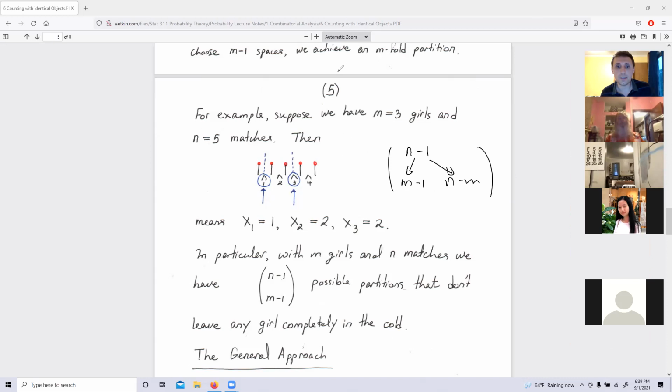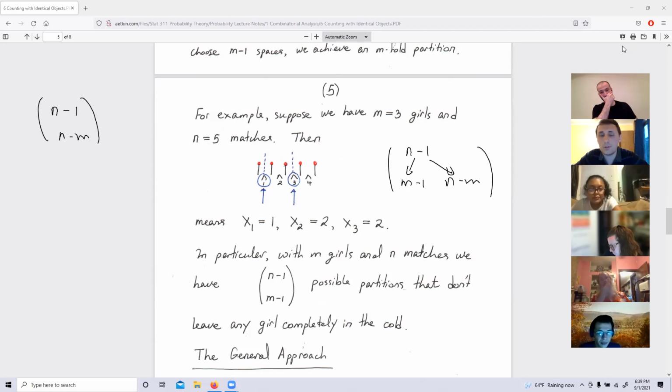So there are several. I went briskly through another explanation. The way I obtained my first answer, I said n minus 1 choose n minus m. I know how to solve this problem if I am allowed to give 0 matches to somebody.